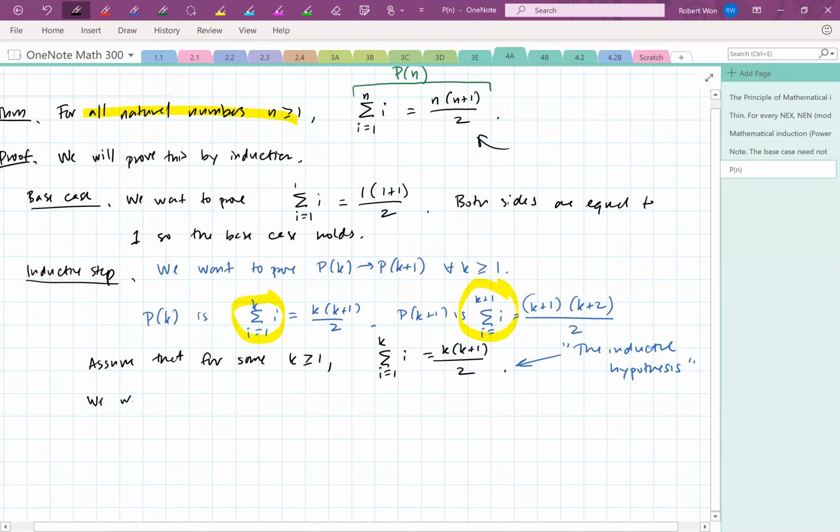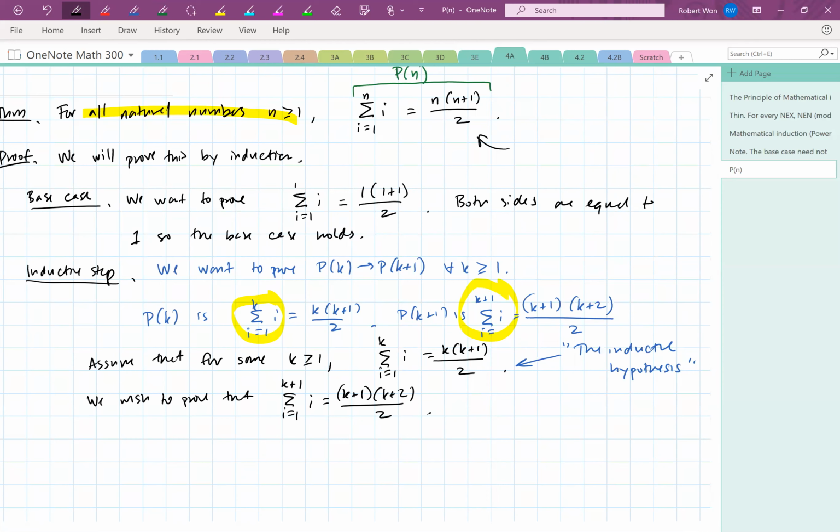Okay, we wish to prove that the sum from i equals 1 to k plus 1 of i equals k plus 1 times k plus 2 over 2. If I can prove this, then I'll have proved P of k implies P of k plus 1. But now note that the sum from i equals 1 to k plus 1 of i, I want to show that this is equal to the right-hand side.